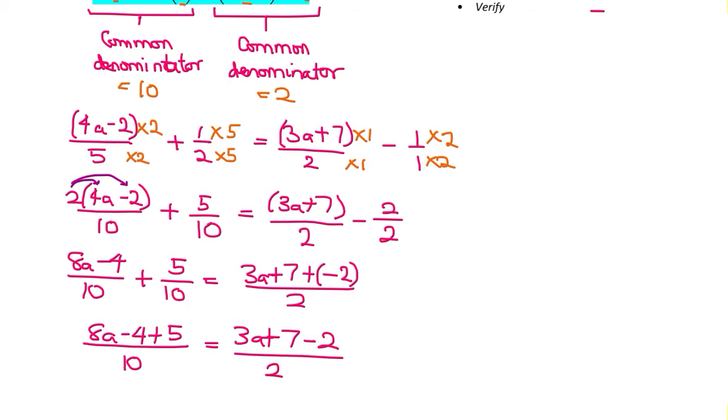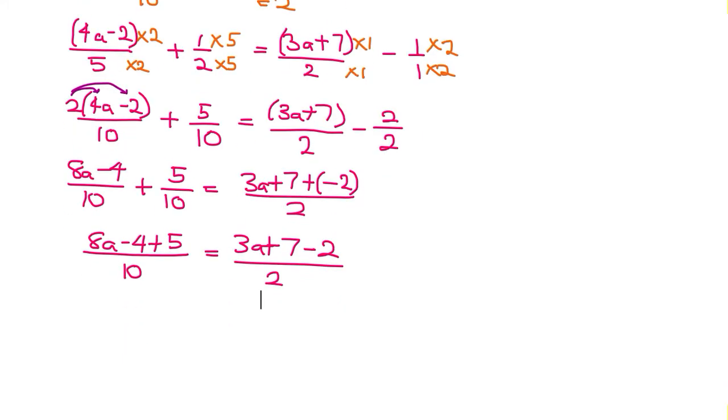So once we have that, evaluating our numerator means that on the left side numerator we have like terms, which in this case is minus 4 plus 5. So we evaluate that, and we have here 8a minus 4 plus 5 gives us plus 1, and this is over 10.